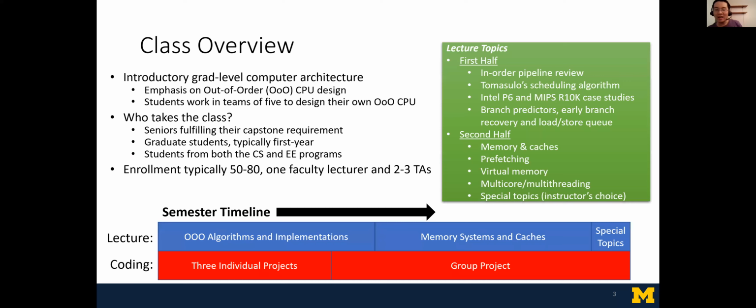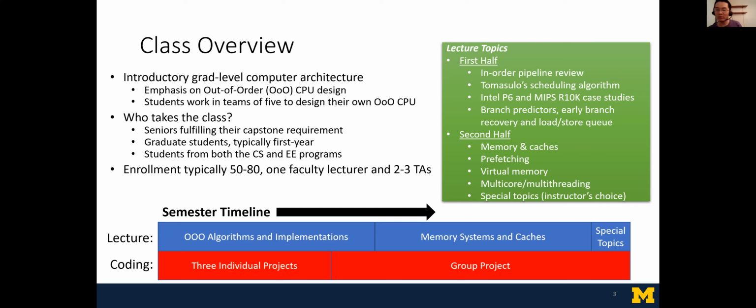So within the class, we start in the first half by reviewing some in-order pipeline basics, quickly moving on to Tomasulo's algorithm, a scheduling algorithm, to introduce out-of-order execution. Then we study some modern case studies like the Intel P6 and MIPS R10K microarchitecture.